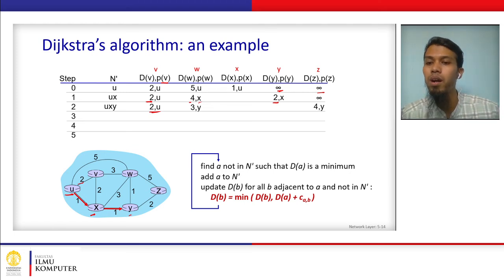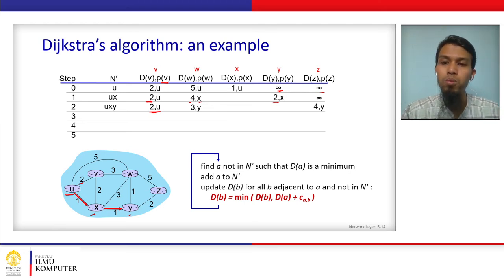And now we find a new path to w. If we go through x directly, previously it was 4: 1 plus 3 equals 4. But if we go to w via y, the cost from u to y is 2, and the cost from y to w is 1, so the total cost equals 3.